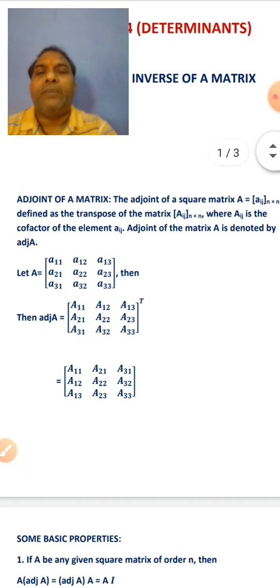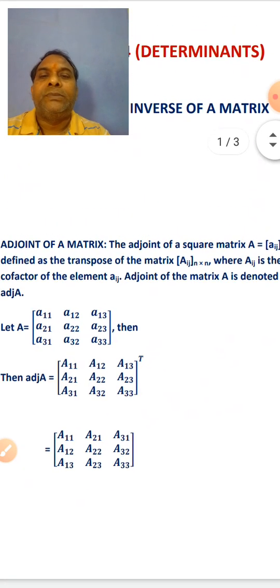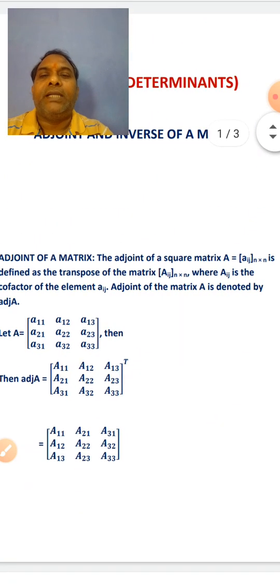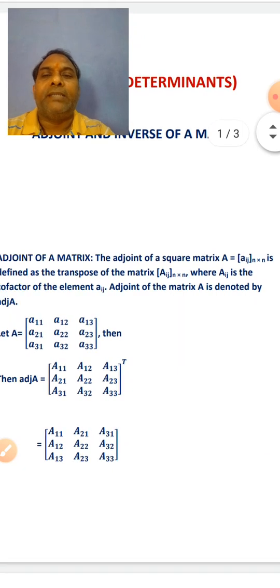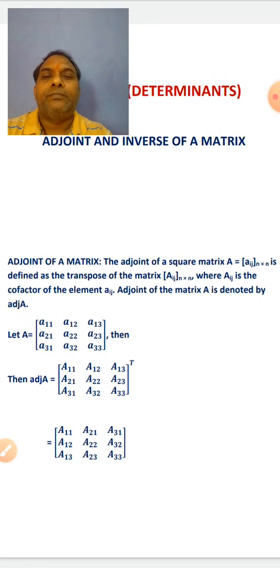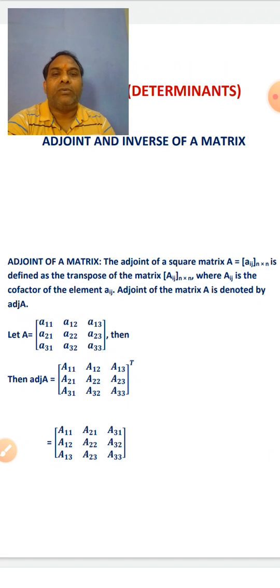Now, adjoint of a matrix. According to the definition, the adjoint of a square matrix A equal to Aij of order n cross n is defined as the transpose of the matrix capital Aij of order n cross n, where capital Aij is the cofactor of the element small aij.